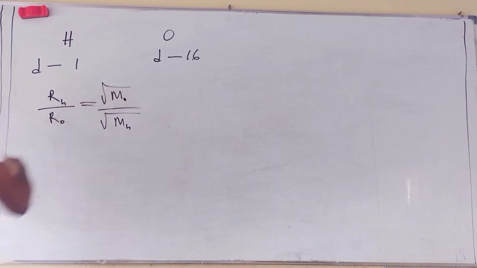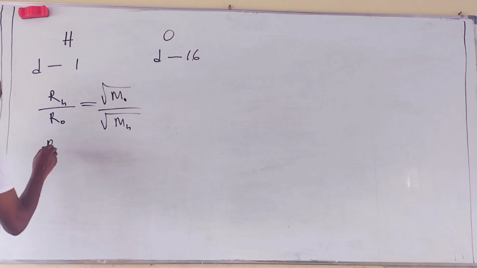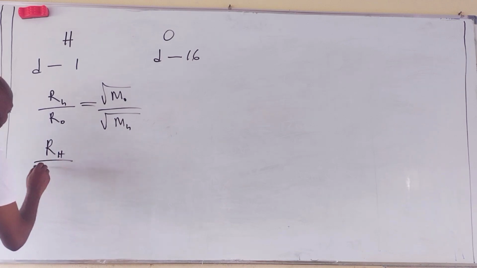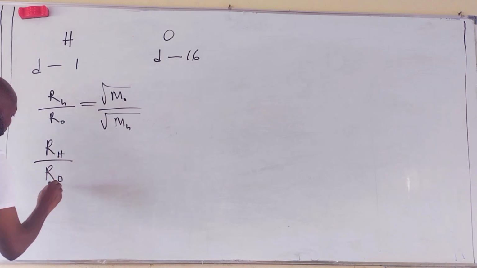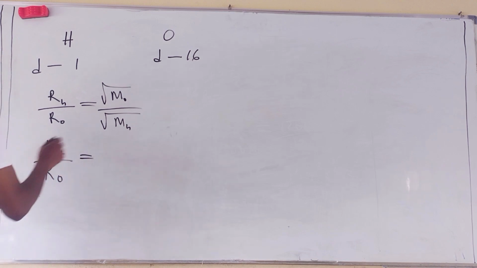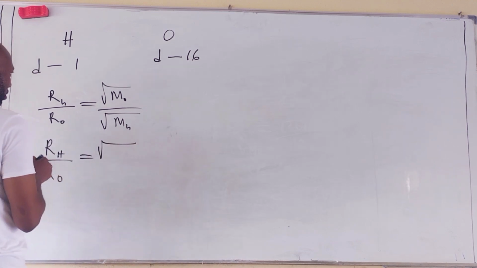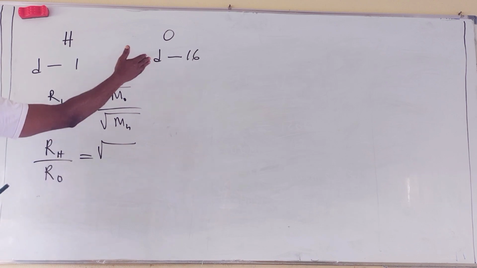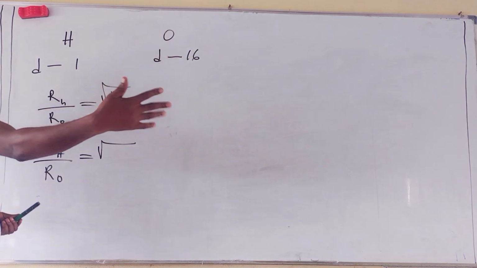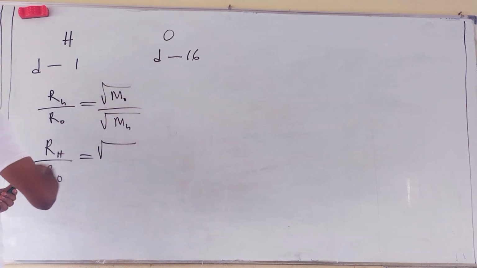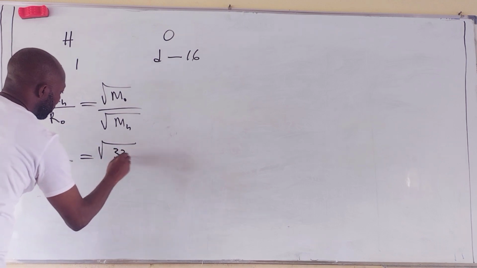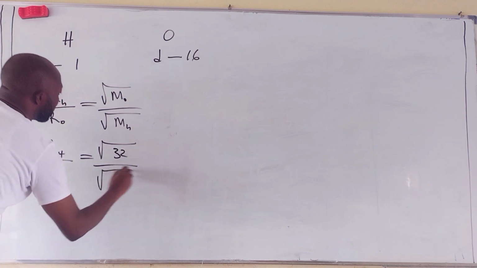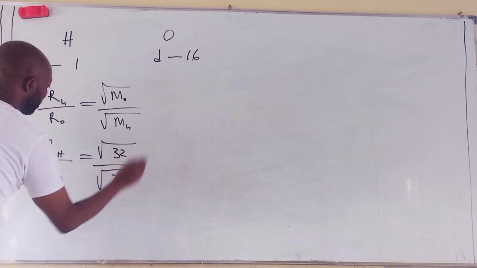Okay, let's go back to this, guys. So let's maintain this: rate of hydrogen over rate of oxygen is equal to the relative molecular mass of oxygen over hydrogen. Relative molecular mass is 2 times vapor density. 2 times 16 is 32 over hydrogen, which is just 2.